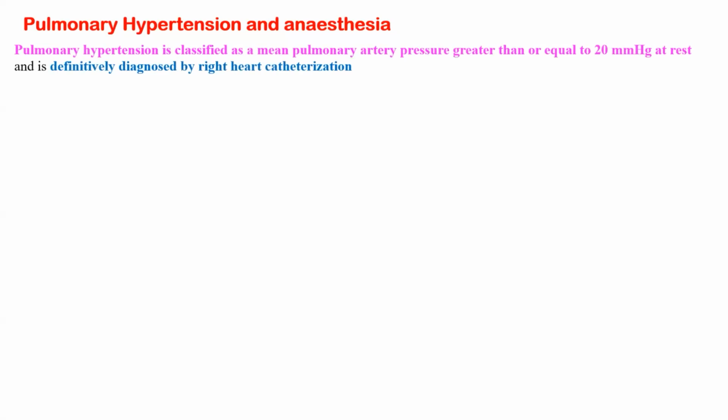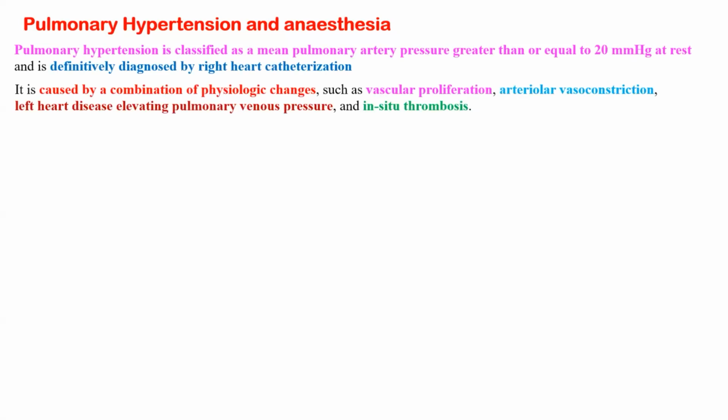So as you rightly said, some books say a mean pulmonary artery pressure greater than 20 millimeters of mercury is considered pulmonary hypertension. Some books say 25 is also accepted. But definitely it is diagnosed correctly by right heart catheterization and not by other features like echocardiogram, transesophageal or transthoracic.